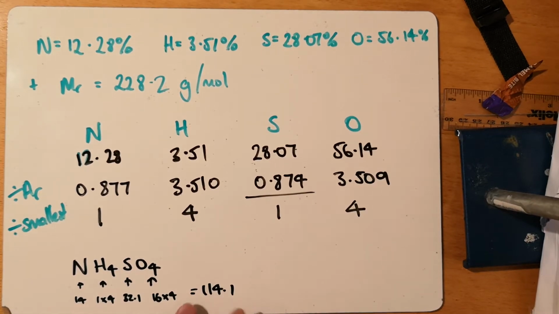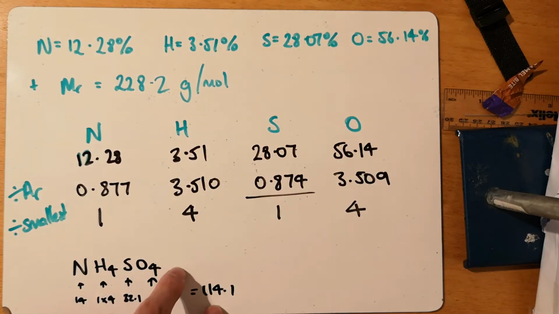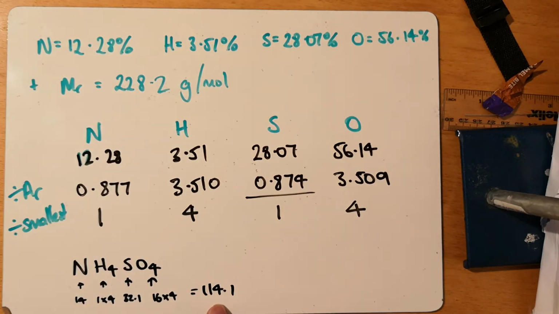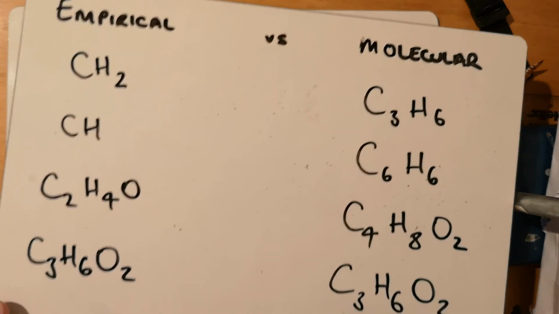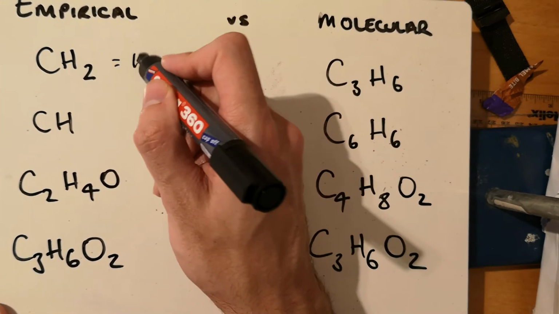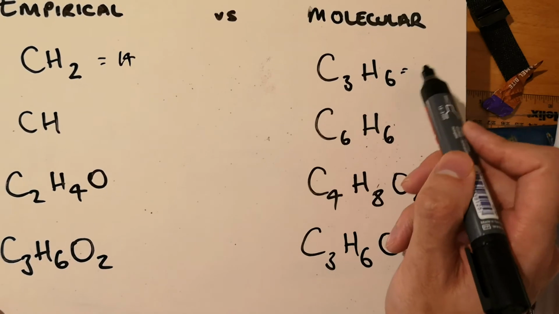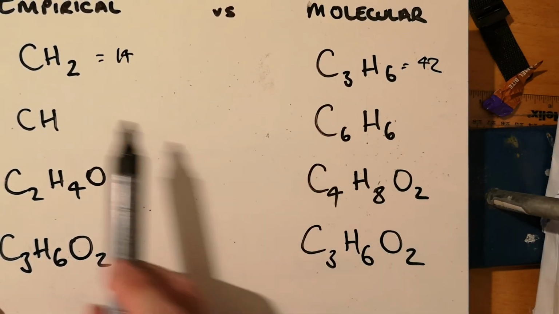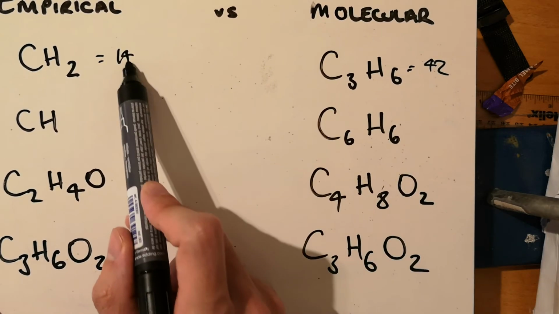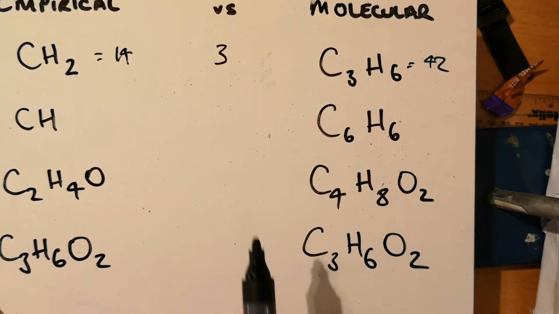Now I can see that this empirical formula's mass doesn't match the molecular formula. If we saw over here when we looked at the start, this will be 14. This over here is 42. They don't match. But 42 divided by 14 is 3.